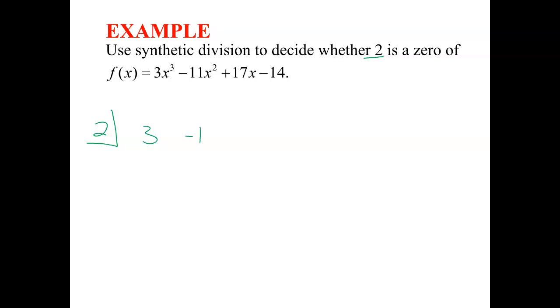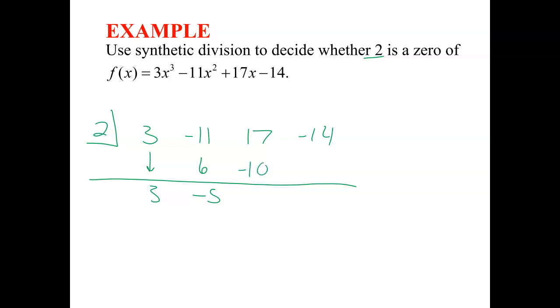3, negative 11, 17, negative 14. Bring it down, multiply, bring it down, multiply, bring it down, multiply, bring it down. I have a remainder of 0.